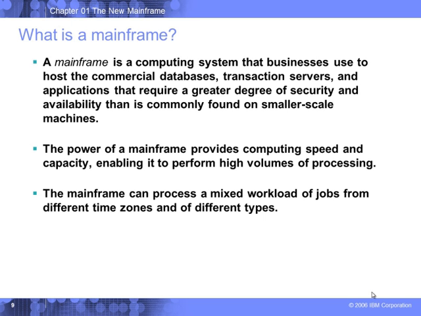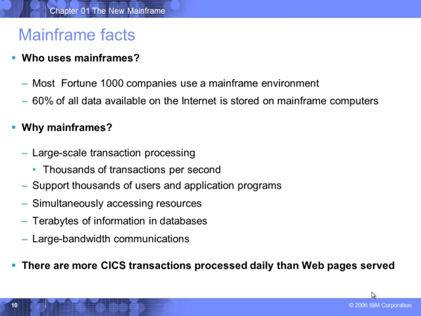But you can go through the slide here to see IBM's take on it. But it's a computer that does a lot of work, essentially. And for the most part, businesses use them, but also a lot of public agencies use them too. State of North Carolina is a very big mainframe user.